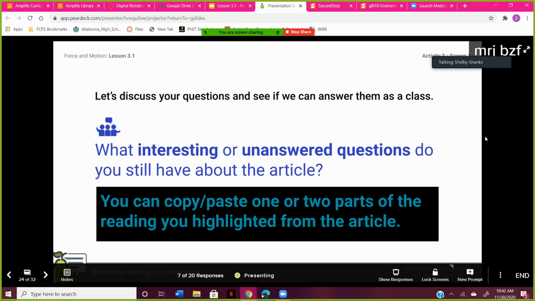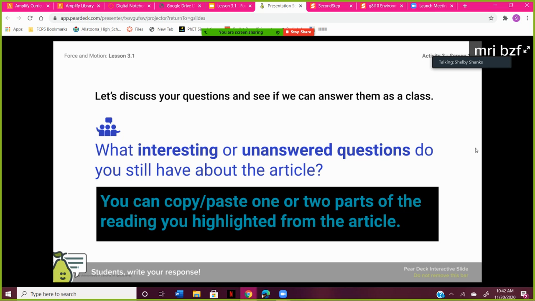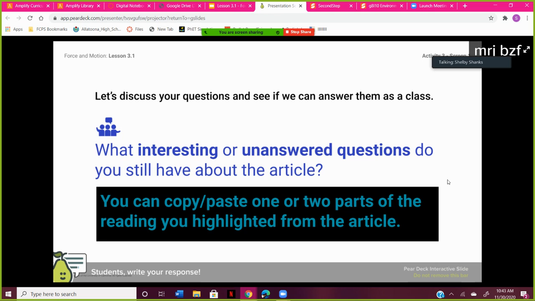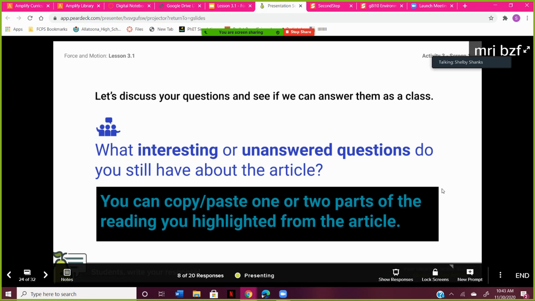All right, so make sure you're responding in Pear Deck. Looks like I got a little less than half of you guys responding. So make sure you finish up that article. I gave you guys about 10 minutes. And you're going to put any interesting annotations or any unanswered questions that you still have about the article in here. I'm going to look at them and we'll talk about them.